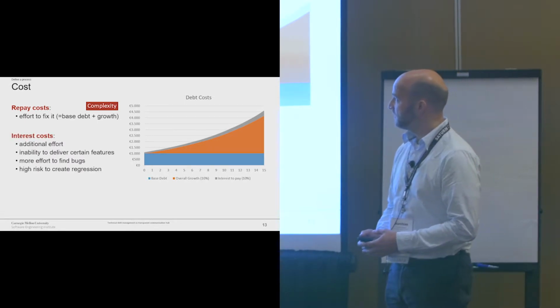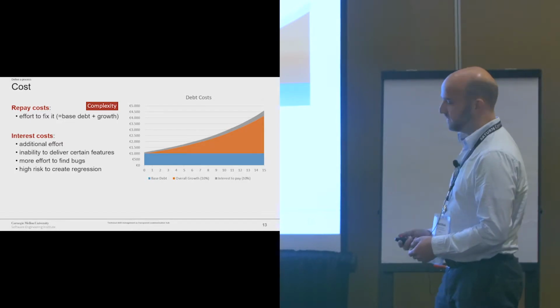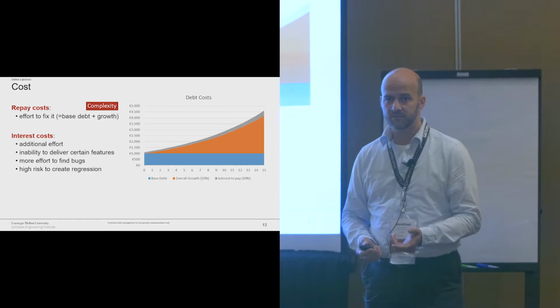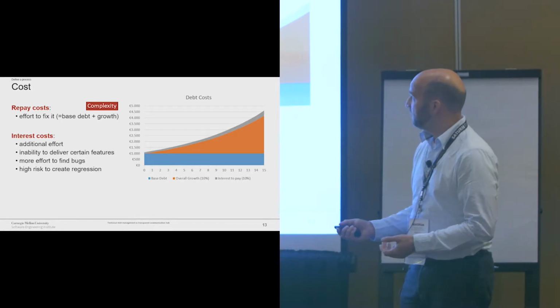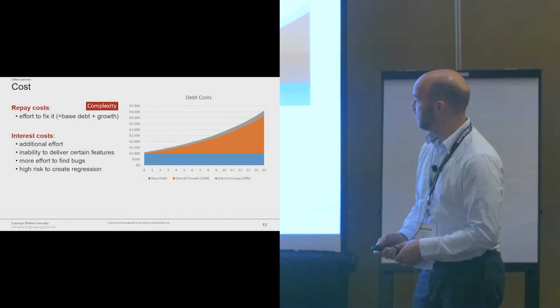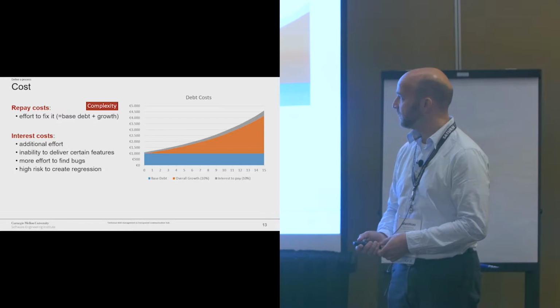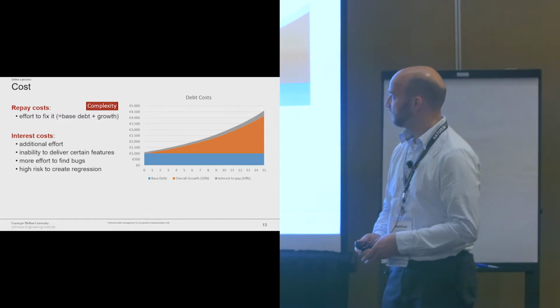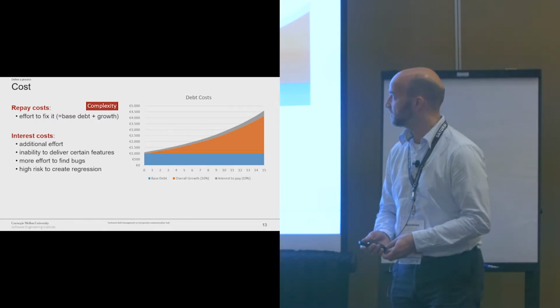The second one is the interest cost. That's the gray one. That's the implication of the problem of a technical debt. That could be additional effort to implement new features, an inability to deliver certain features, more effort to find bugs, or a high risk of creating regression.